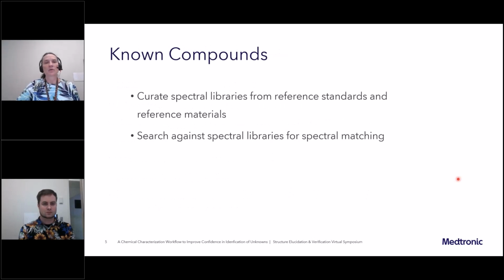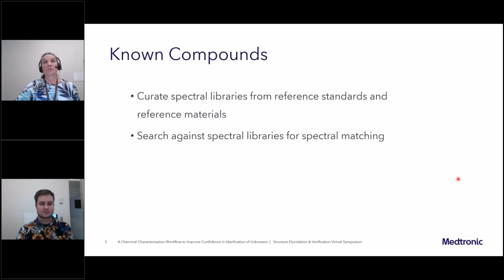So now I'm going to discuss how known compounds are being identified. We curate spectral libraries from reference standards and also reference materials. And by reference materials, I'm actually pointing out the actual plastic types that have been compounded with whatever plastic additives they had in there.